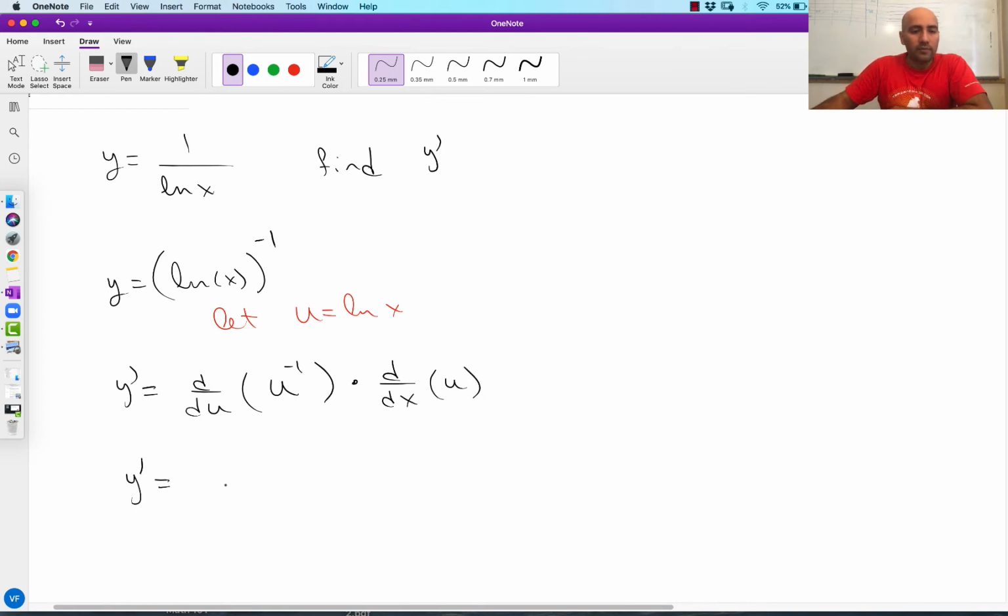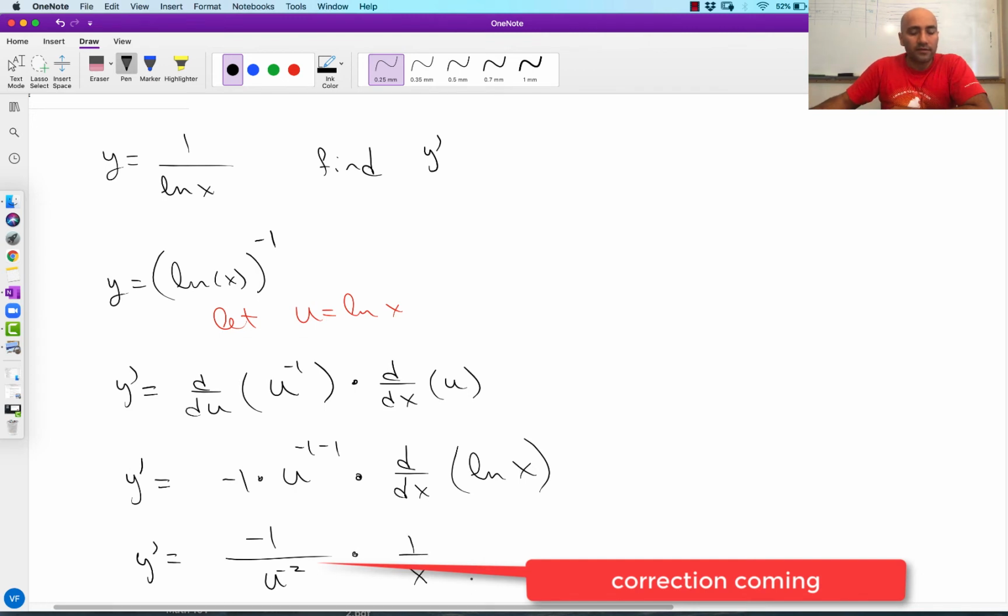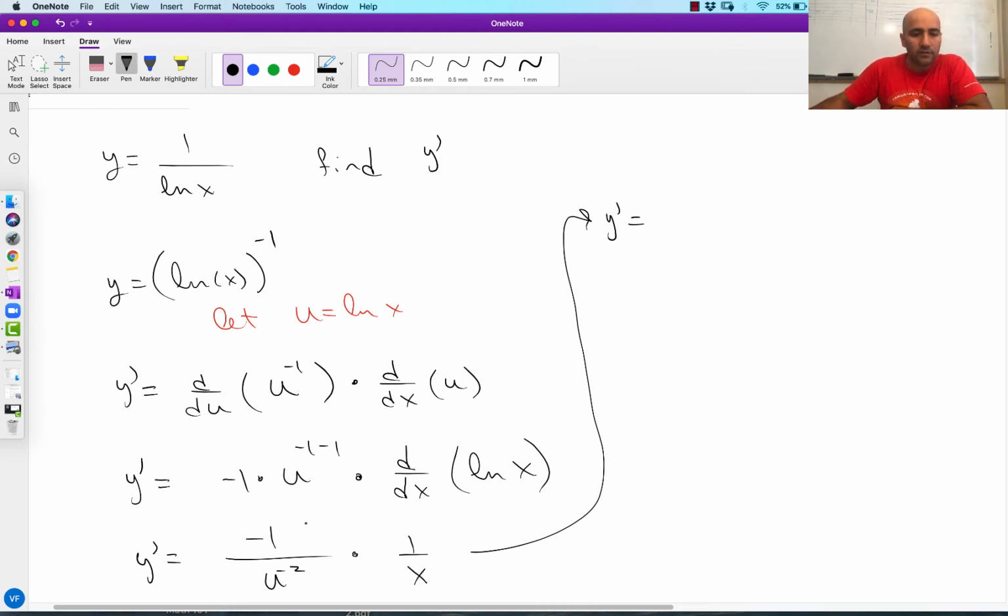So y prime equals, now we bring that negative 1 out in front, u to the negative 1 minus 1, which is u to the power of negative 2, times the derivative with respect to x of the u, which is ln x. Okay, almost there. Oops, I made a mistake here.